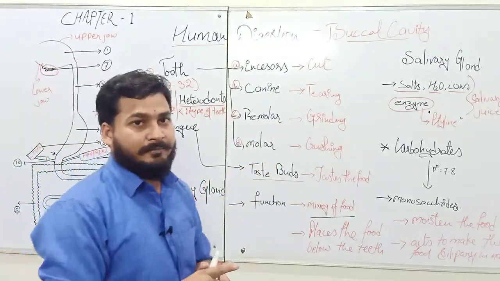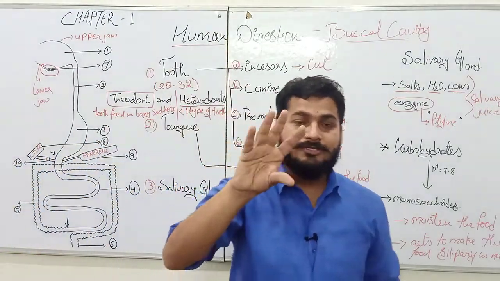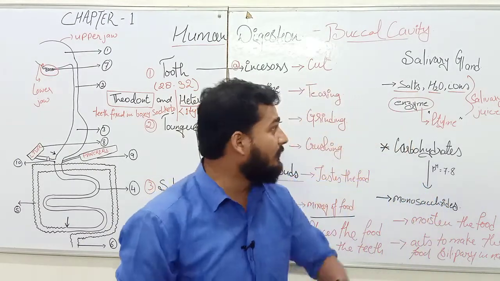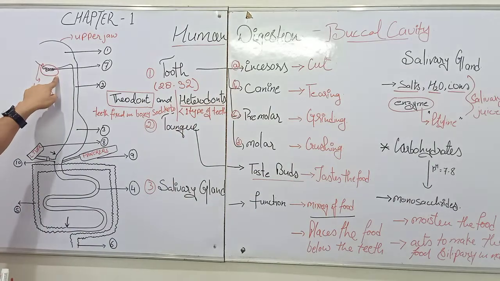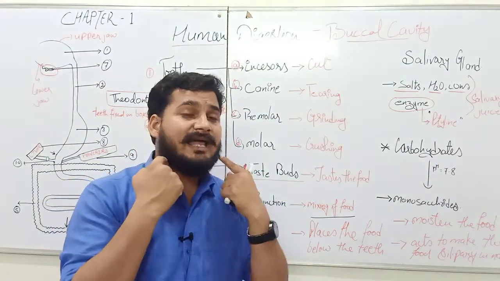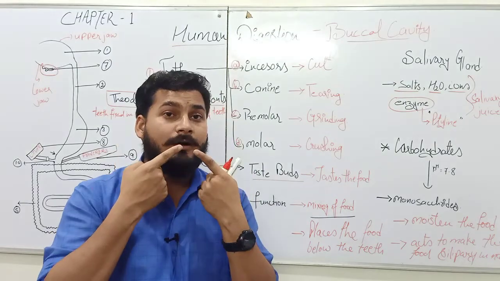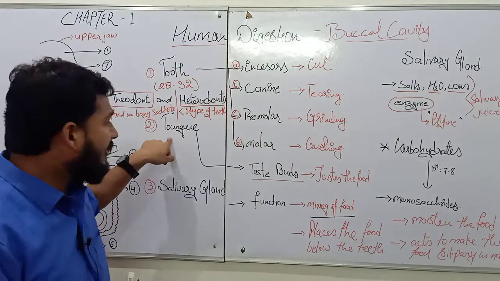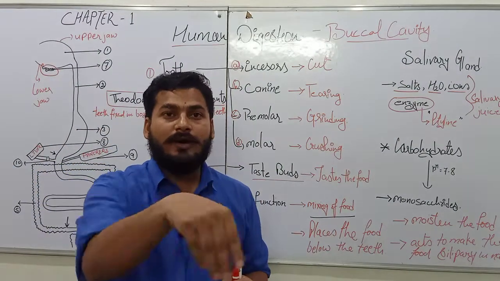At the same time, as you crunch in your buccal cavity, the tongue will start to move, and the salivary gland will start to produce saliva. The saliva will be produced directly into your buccal cavity, and the tongue will start to move to and fro.